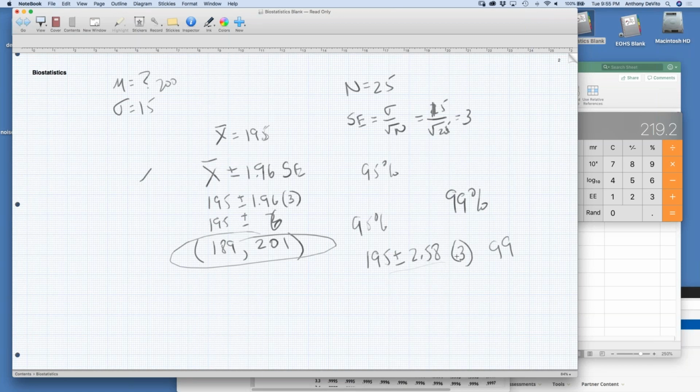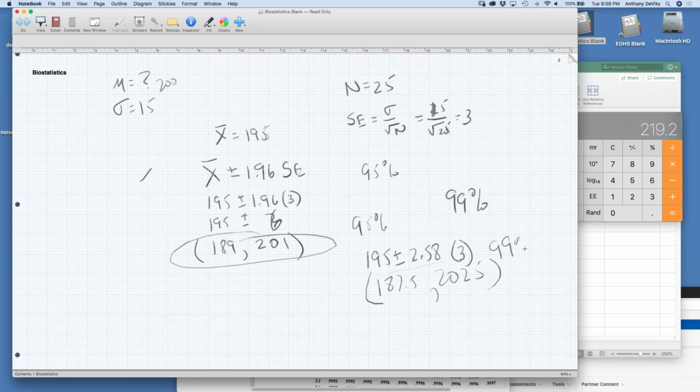Now that's 2.5 times 3. 2 times 3 is 6, and 2.5 times 3 is 6 and 1.5, so 7.5. So I'm adding and subtracting 7.5 from 195. That would be 187.5 to 7.5 above, 202.5. That's going to be my confidence interval here.